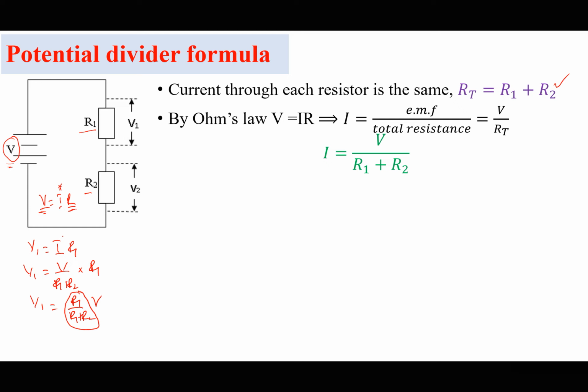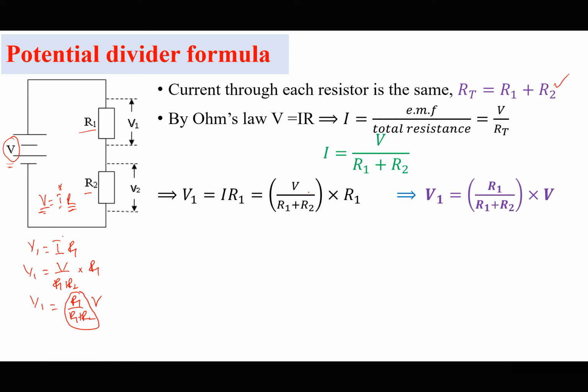In a similar way, if I want to find V2, I'll do the same. V2 will be equal to I times R2, and this will give me R2 over R1 plus R2 times V. And therefore, the voltage supply V, or the e.m.f, or the supply from the battery, is being divided in the ratio of the resistances.